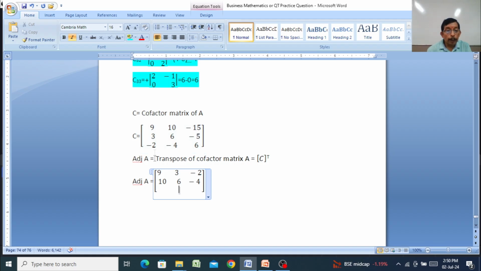The third column is interchanged with the third row: minus 2 interchanged with minus 15, minus 4 interchanged with minus 5, and 6 interchanged with 6.